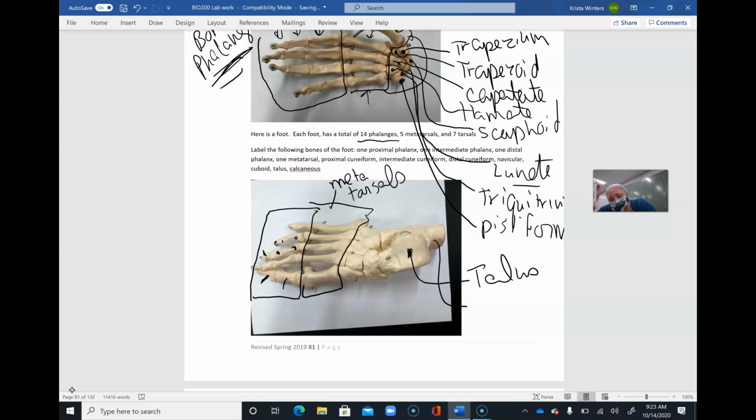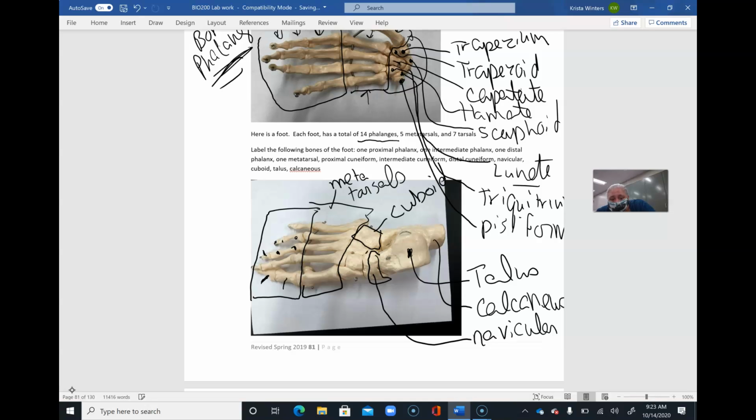Right below the talus is the calcaneus. It's this bone back here, your heel bone. This long, narrow bone right here is your navicular. We have this cube-shaped bone over here called cuboid.